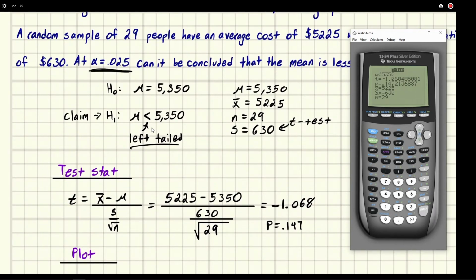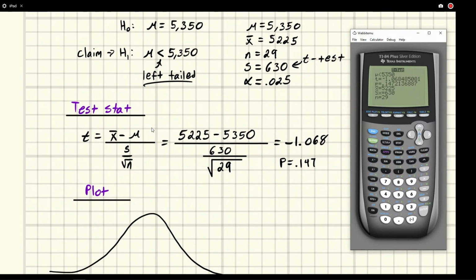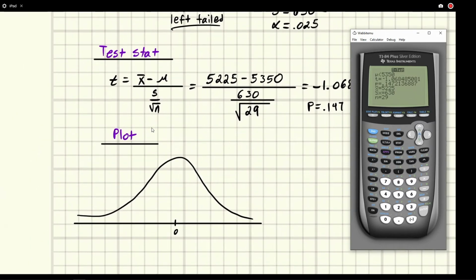So we were told that our alpha, I should probably add it to our list here, is equal to 0.025. And so since it's a one-tailed test, this whole area is on the left side of the curve. So there's some area right here, and this is going to be where our critical value lives. Critical value, and this area is equal to 0.025 of the curve.